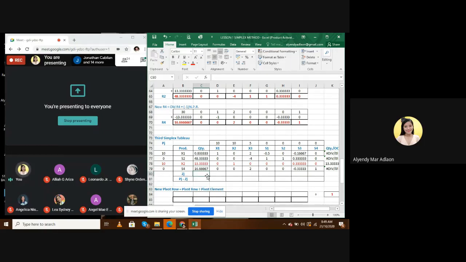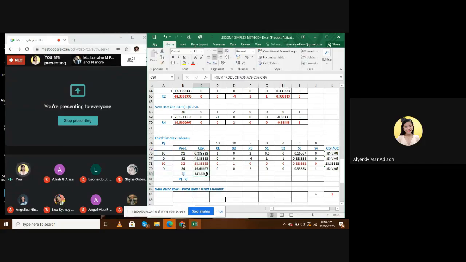To compute for the ZJ, you multiply the profit of this one here, and then this one, the quantity. Okay, so we have 141.